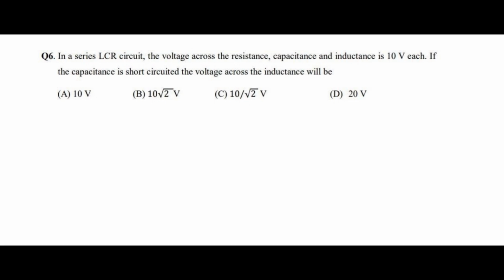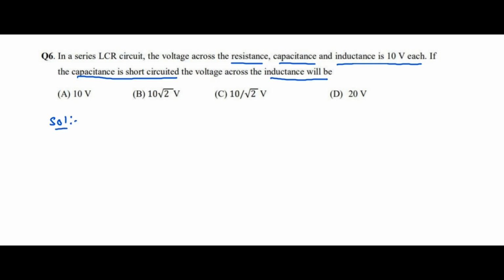Now, in a series LCR circuit, the voltage across the resistance, capacitance and inductance is 10 volt each. If the capacitance is short circuited, then the voltage across the inductance will be.